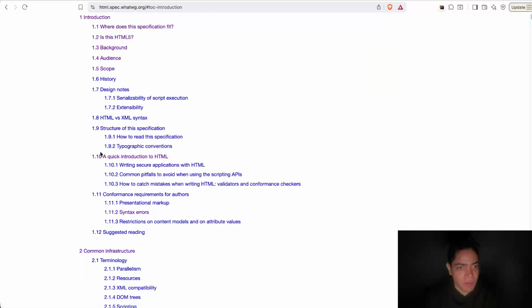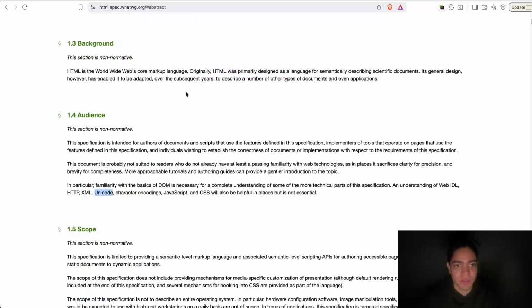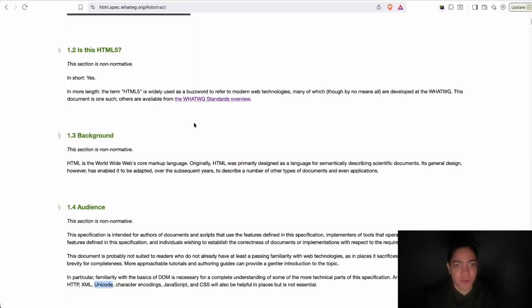It doesn't describe that. Okay, no problem. But it's this, right? And who oversees that, which is this: the Web Hypertext Application Technology Working Group, which is made up of people from Mozilla, Apple, Opera, as well as other major browsers.